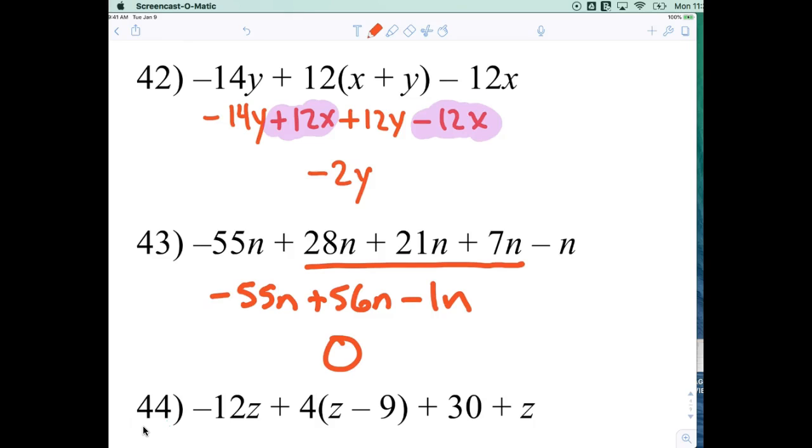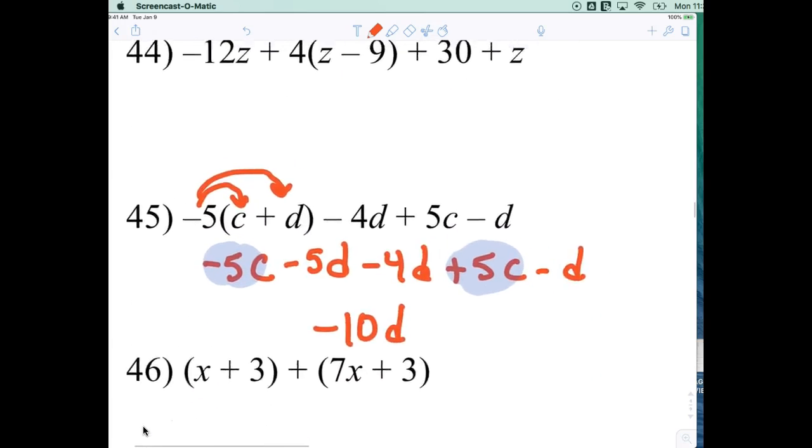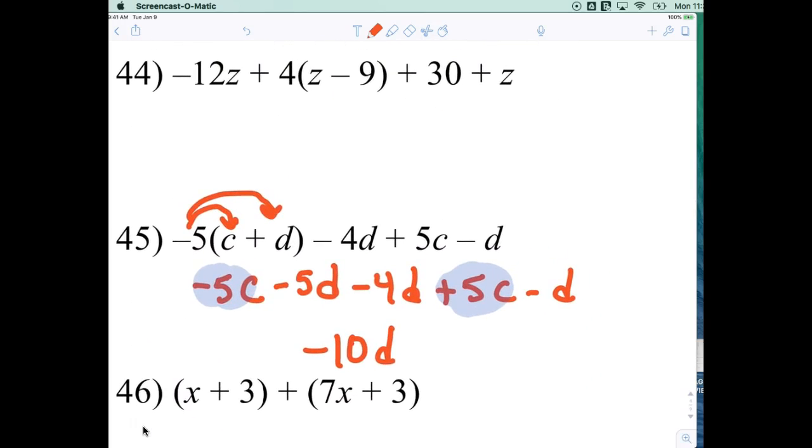All right. Now let's do 44. Distribute the 4, please. Plus 4z minus 36 plus 30 plus z. Anybody have any issues with that? No. Now let's combine terms. So we have negative 12, positive 4, and positive 1.